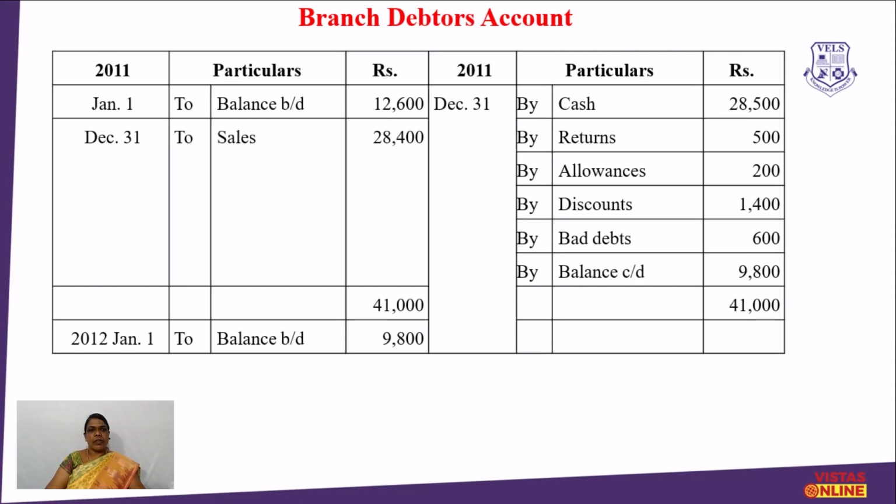2011 January 1 to balance BD 12,600. We can see this amount from the question, 12,600. Then what are the items they have given in the question? Cash 28,500, sales return 500, allowances 200, discount 1,400, bad debts 600.